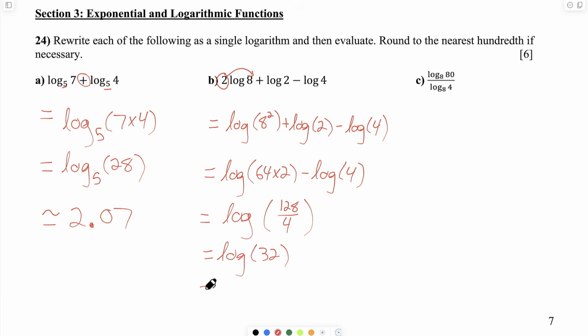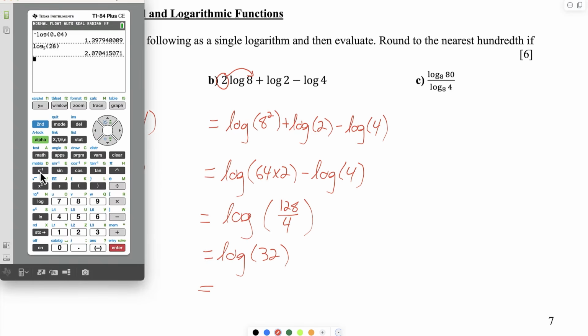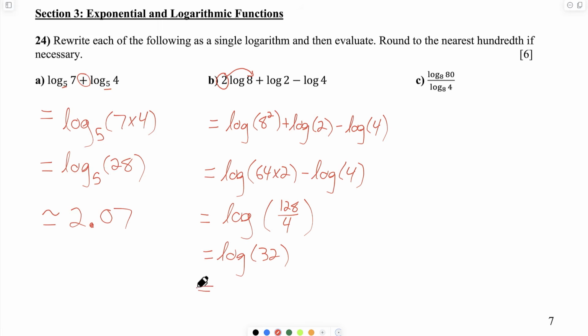And now I'm looking for what exponent goes on 10 to get 32. It's 1 point something. Let's use the calculator to figure that out. If I round to 2 decimal places, it is approximately equal to 1.51. Part C, I can use the change of base formula.